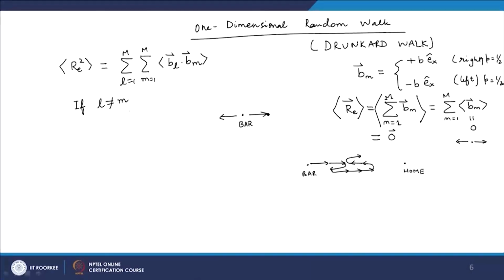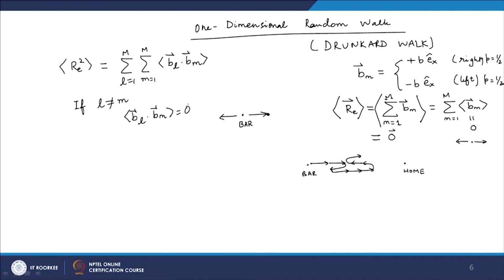So, provided he moved to the left in step number 2, in step number 3 or step number 5 he can move both to the left or to the right with equal probability. There is no dependence between how he moved in a step with how he will move in any other step, right. So, again we can say that this will be 0.